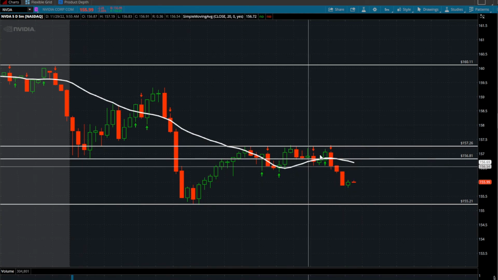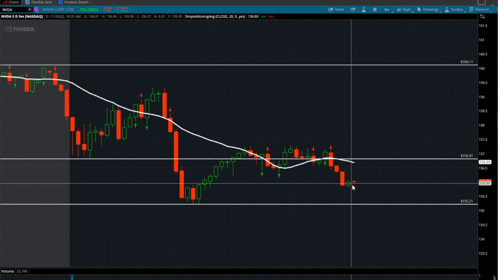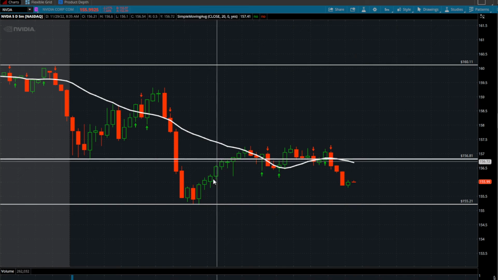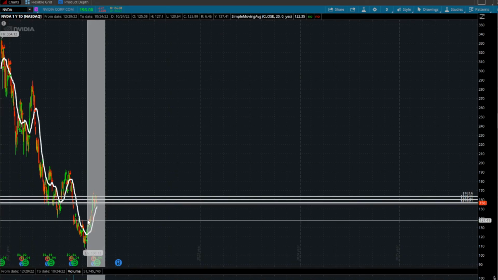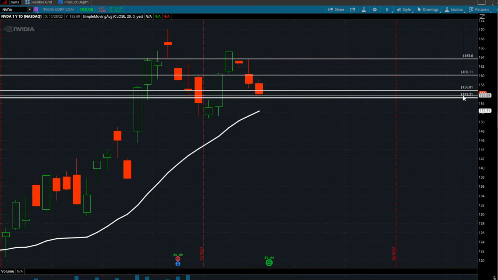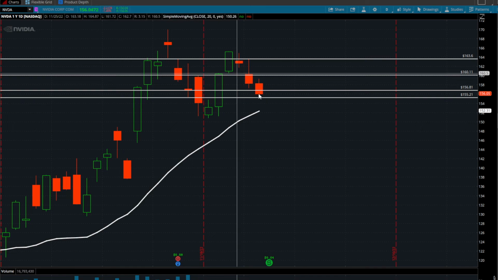Now, if we do start to consolidate sideways and try to test these day's lows, and we lose them going into tomorrow's session, let's just look at the daily chart very quickly. You can see 155.21 is the day's low. If we lose this, we've got a lot of room down on the daily time frame into that rising support here at the 20-day moving average, where the bulls are still in play.